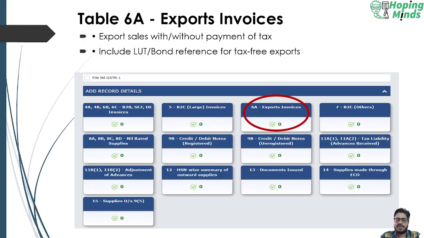in table 6A. For example, additional information can be port code, then shipping bill number or bill of export number, then shipping bill date or bill of export date, then GST payment, whether the exporter has opted for with payment of tax or without payment of tax. So what is this with payment of tax and without payment of tax? The exporter has the option to pay GST on export and subsequently claim refund for the same.